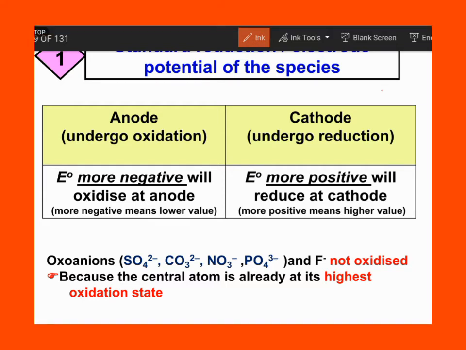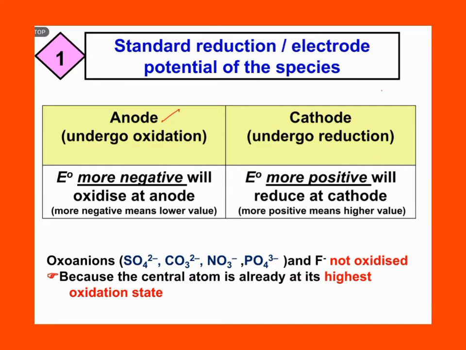Let us check at the anode, which undergoes oxidation, so the species with the more negative electrode potential will oxidize at the anode. More negative means a lower value. At the cathode, as we know it undergoes reduction, the species with the more positive electrode potential, meaning a higher value, will be reduced at the cathode.